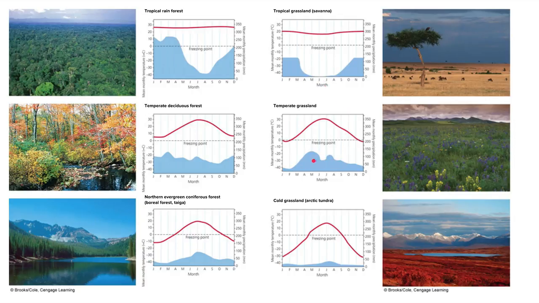Now you may say temperate grassland and temperate deciduous forests are pretty similar, but if you look carefully, you can see a few months for the temperate grassland have minimal rainfall. Okay, now chances are I would not give you both the coniferous forest and Arctic tundra side by side to compare, because it's just hard to compare.